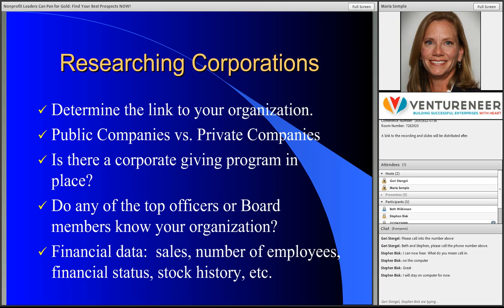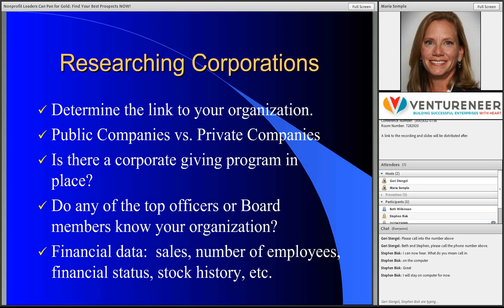When we're talking about researching public companies versus private companies, it's important to note that the data that you can access on both those companies does vary greatly.